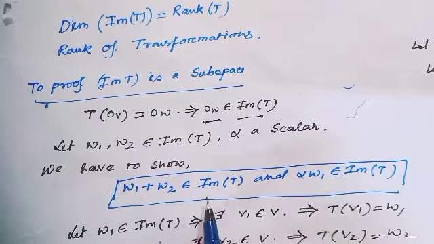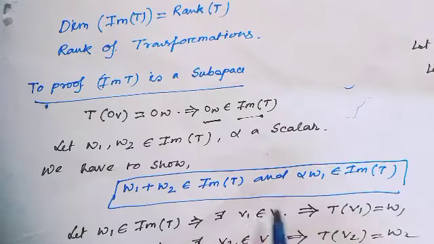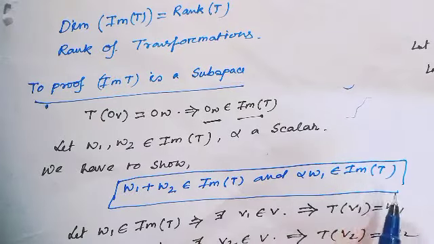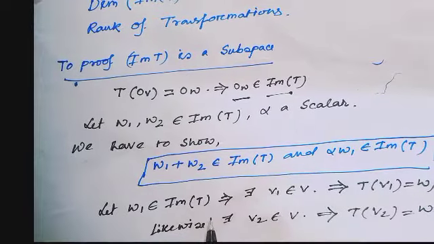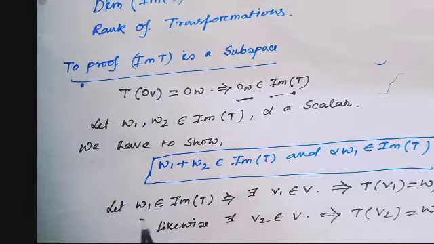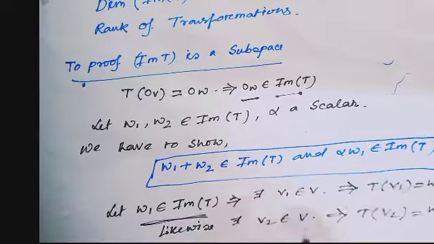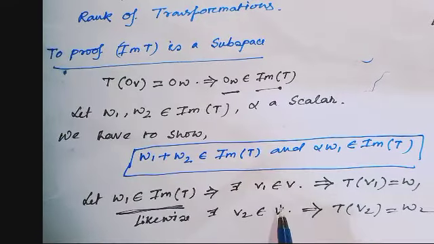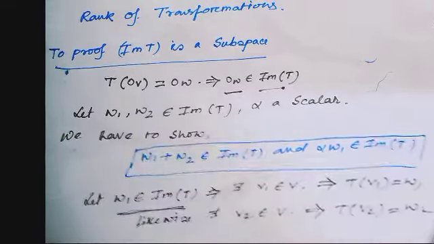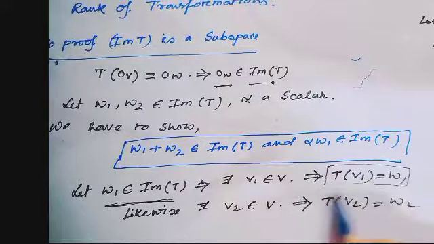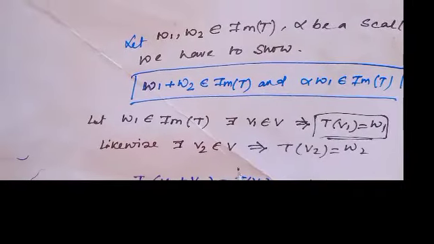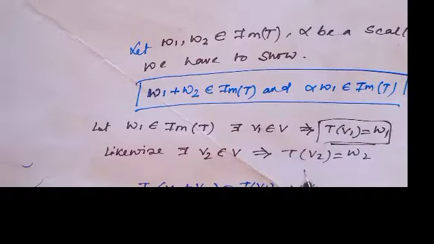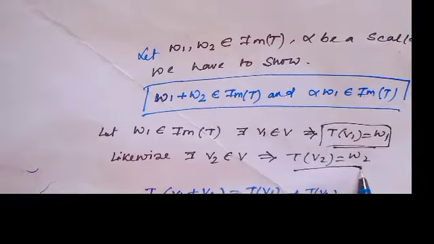Then we have to show w1 plus w2 belongs to the image of T and alpha w1 belongs to the image of T. At first, consider w1 belonging to the image of T, which implies there exists v1 in the vector space such that Tv1 equals w1. Likewise, there exists v2 in the vector space V such that Tv2 equals w2.